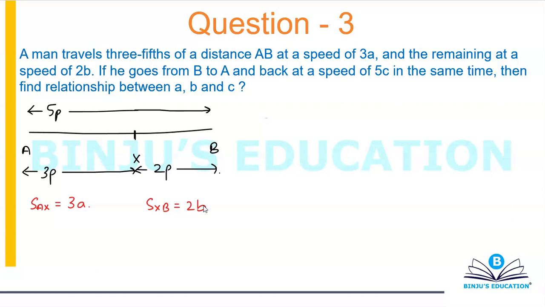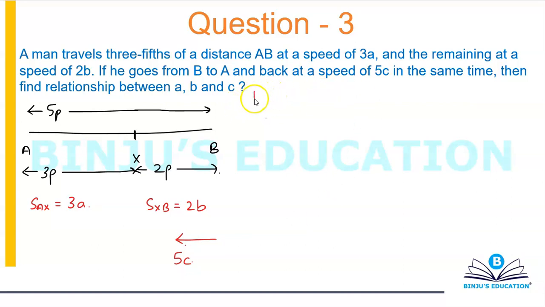So while going, he uses two different speeds for two different distances, but while going back, he is using one speed, that's 5C. Find the relationship between A, B, and C. Cool, no problem, we can do that.